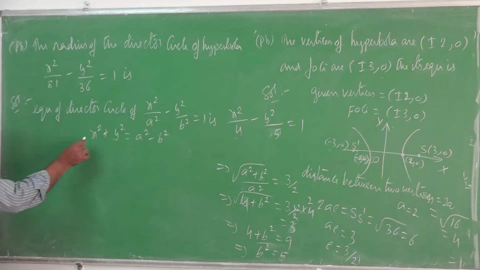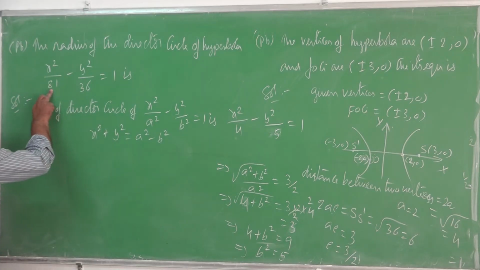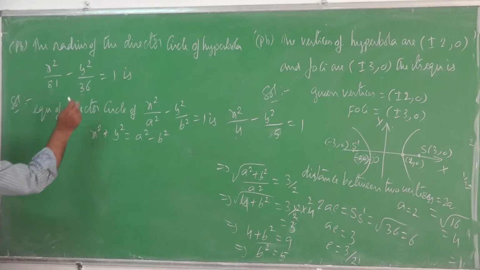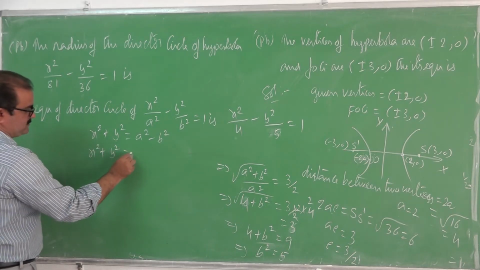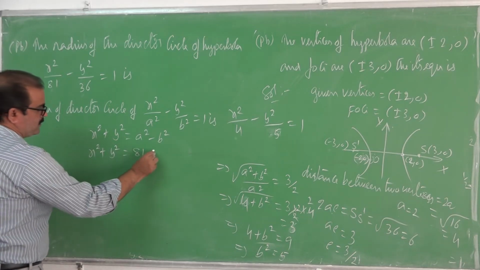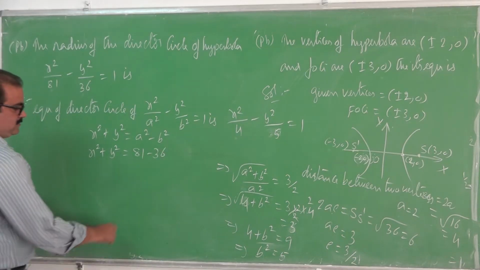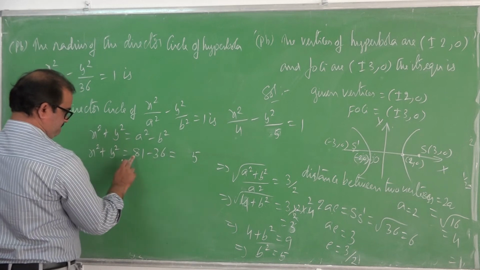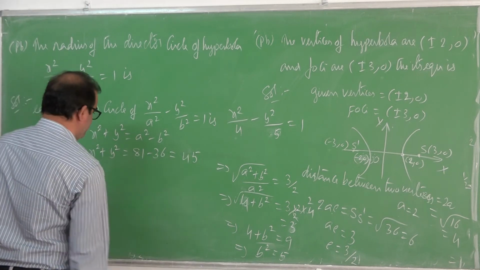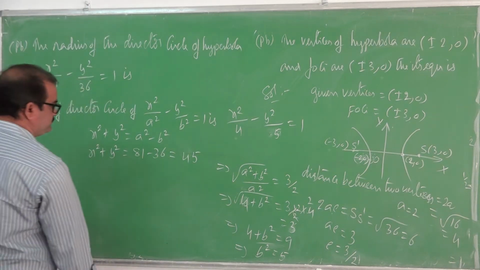From this, what is a square here? 81. What is b square? 36. So the equation of the director circle is x square plus y square is equal to 81 minus 36, that is 45.